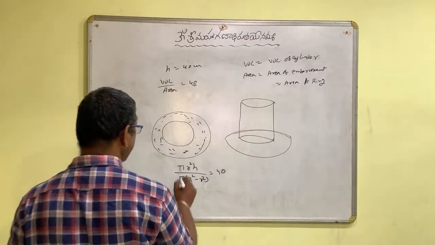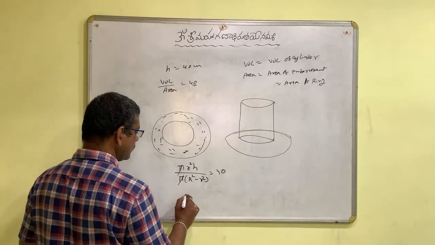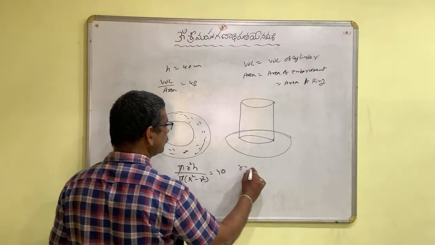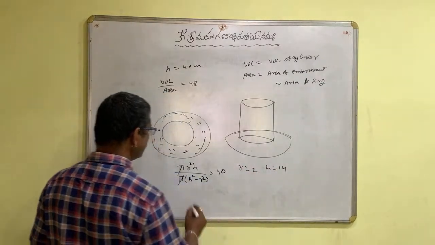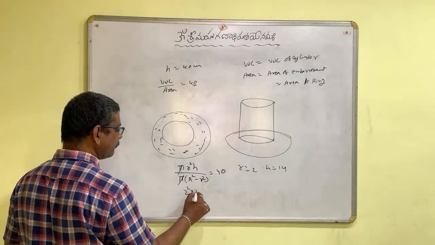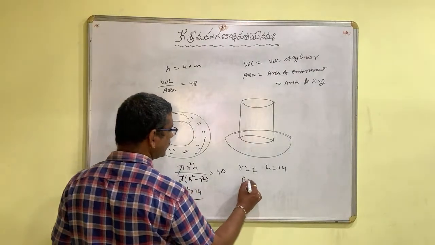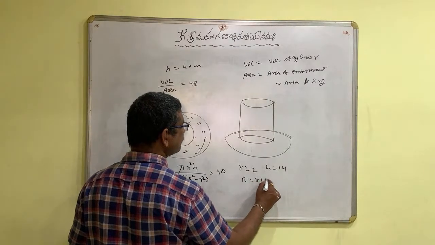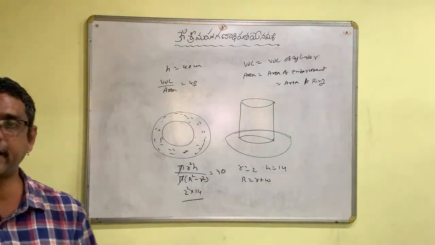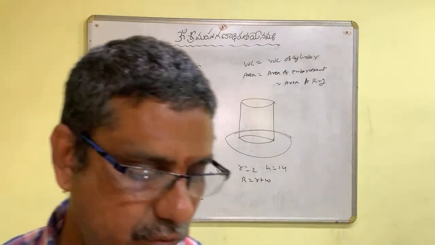Substitute the values, pi gets cancelled. Radius is given 2, height is given 14. So 2 square into 14 by capital R, small r plus width.